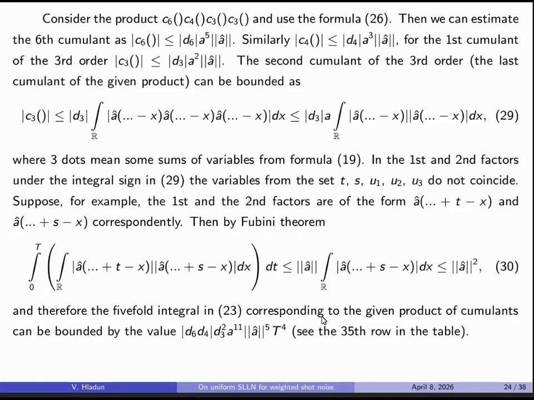And therefore, the fivefold integral in formula 23 corresponding to the given product of cumulants can be bounded by this value that is written down in the 35th row in the table before.